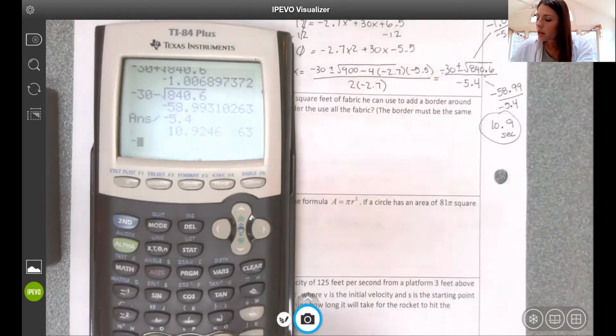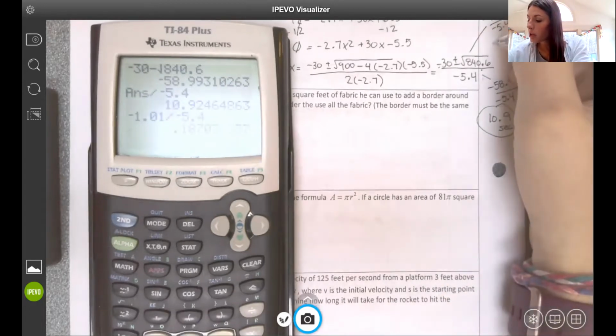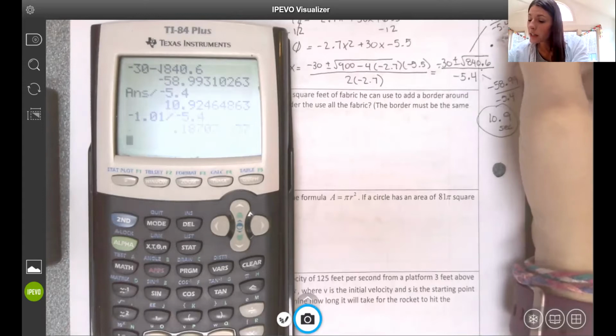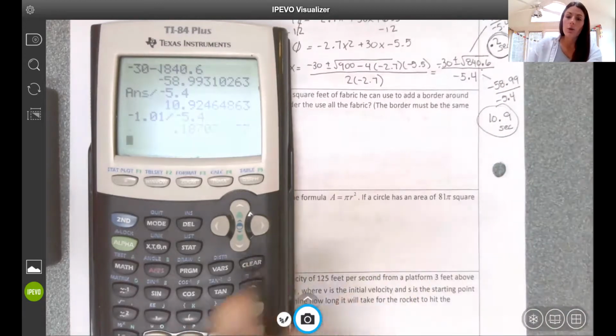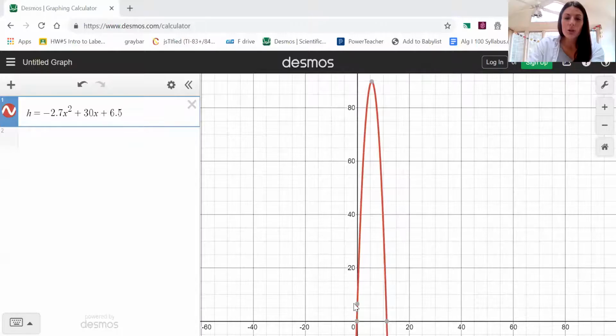The other answer, negative 1.01 divided by negative 5.4, is giving me about 0.2 seconds, rounding to the nearest tenth. Now, why are there two answers and one's not negative? Well, if we think about our graph again, and let me share the graph one more time. Remember, the ball's going to go up and it's going to come back down.